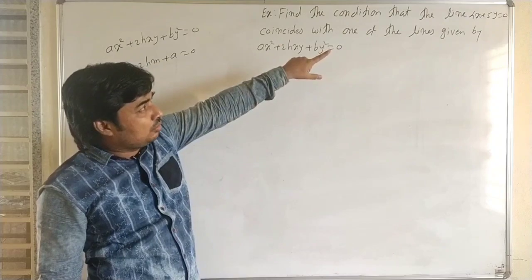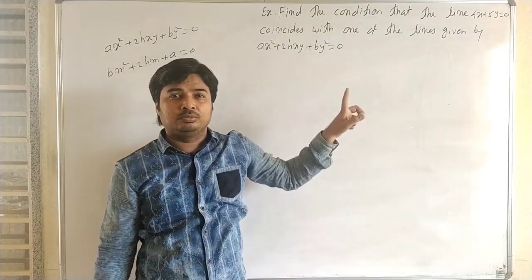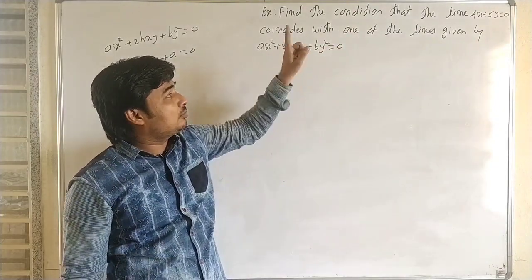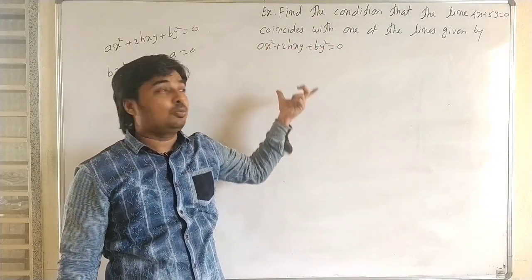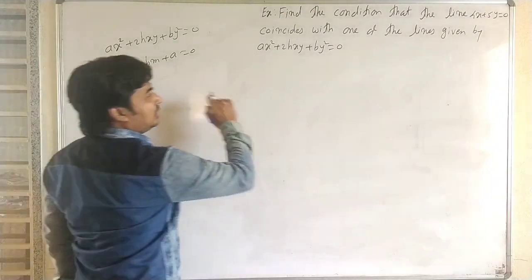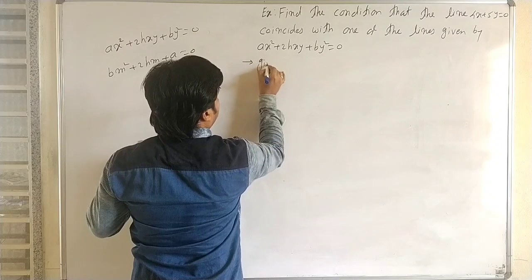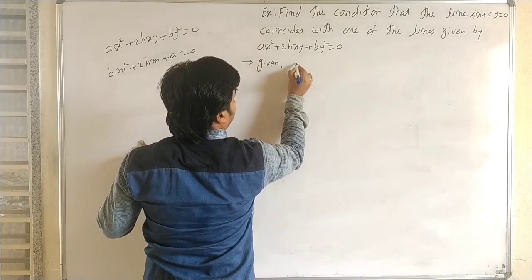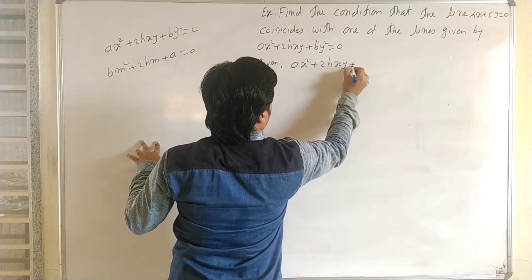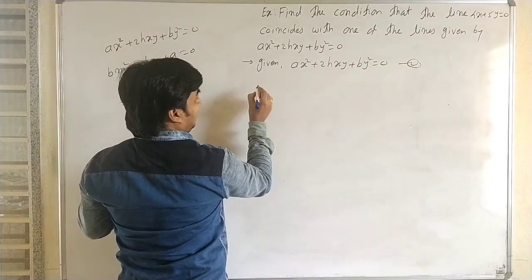Therefore, we know that the slope of the line 4x plus 5y equal to 0 is minus 4 by 5, and then one of the lines is parallel to this line, therefore the slope of one of the lines is minus 4 by 5, and that slope satisfies the auxiliary equation. Then we get the condition. Here, given equation ax square plus 2hxy plus by square equal to 0 is equation number 1. Then its auxiliary equation.